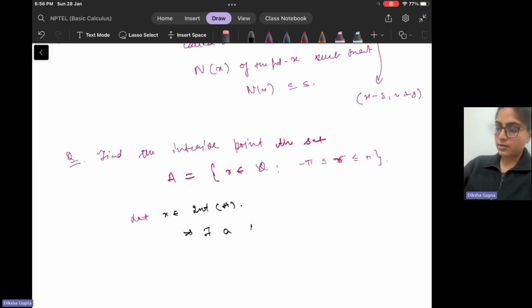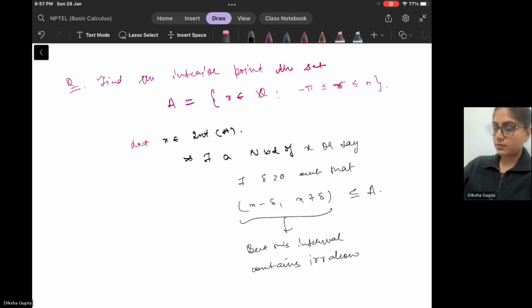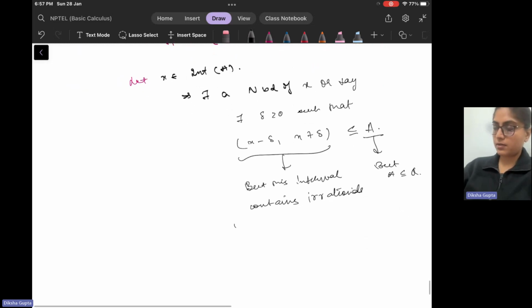Implies there exists a neighborhood of x, or say there exists delta greater than 0 such that (x minus delta, x plus delta) is contained in A. But this interval contains irrationals, and A is contained in the set of rational numbers, so this cannot happen.